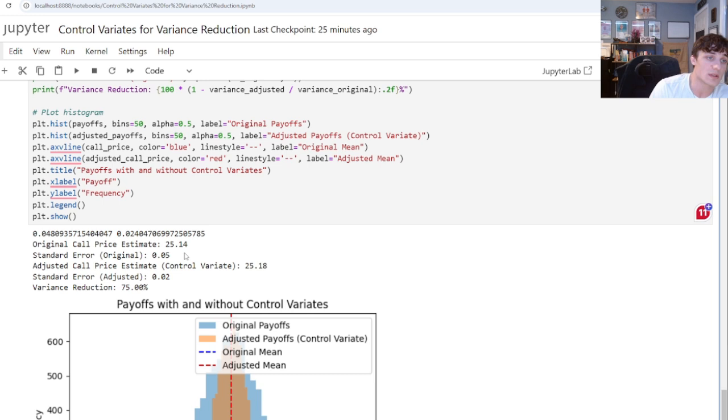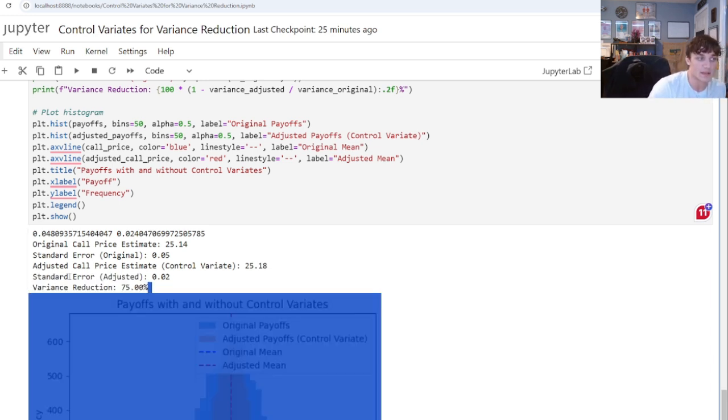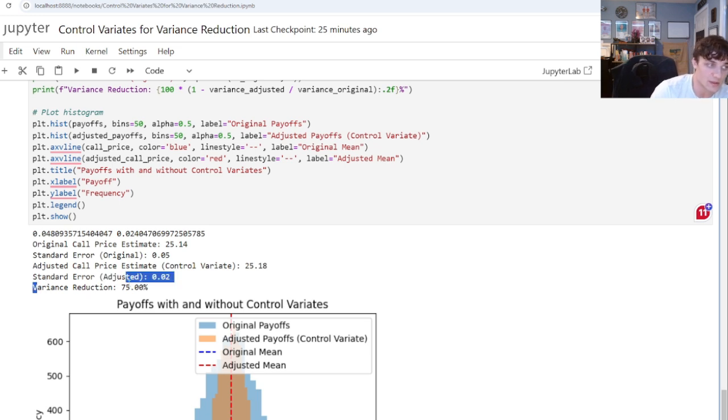You just take a look at the standard error, and you can see the original standard error is 0.05, and the adjusted standard error after introducing the control variate is 0.02, which gives us approximately 75% variance reduction. So under the same alpha value, in other words, we are 99% confident that the interval contains the true price, that interval is tighter and it costs us the same amount of computational power.